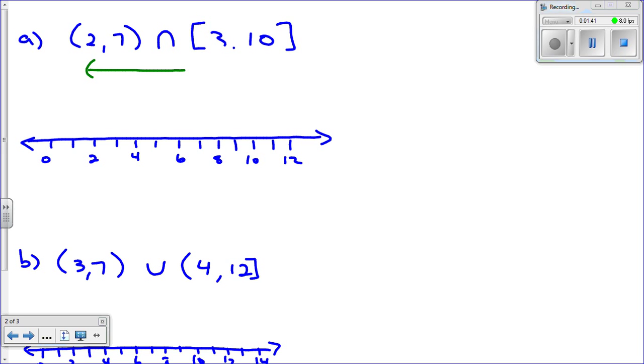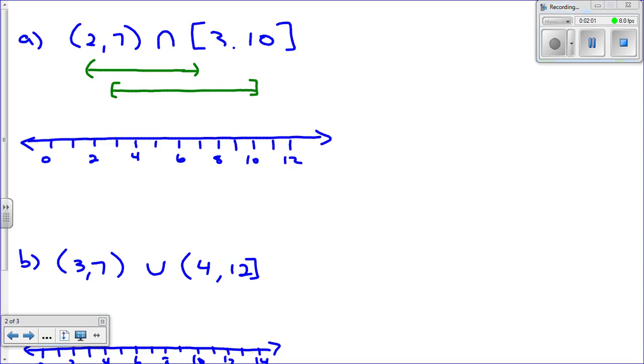Still want to be as precise as possible, and using a ruler would be a really nice way to do this. And I've got the interval 3 to 10 with square brackets. So I'll float that one here, 3 to 10.